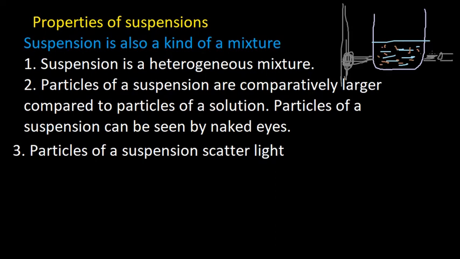However, in the case of solutions, we do not see the path of light, but in the case of suspension, we can see this path of light. The path of light will be seen through the suspension. That is because the particles of a suspension, they scatter light. And why do they scatter light? Because particles of a suspension are comparatively larger compared to particles of a solution.